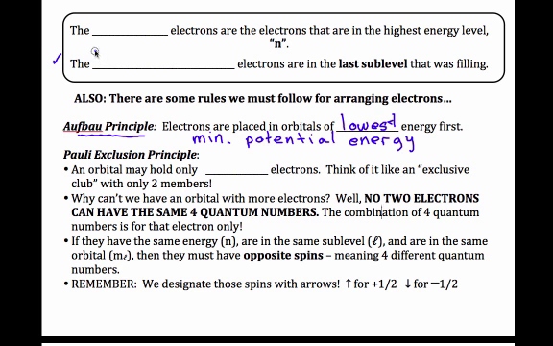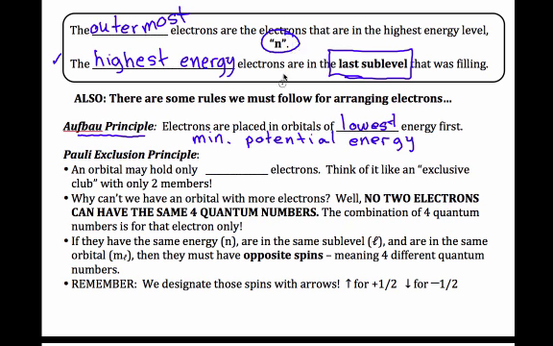The highest energy electrons, therefore, are the electrons that are in the last sublevel that you were filling in your model. Okay? Now, the outermost electrons, because energy stays true with n, our outermost electrons are the highest n energy.